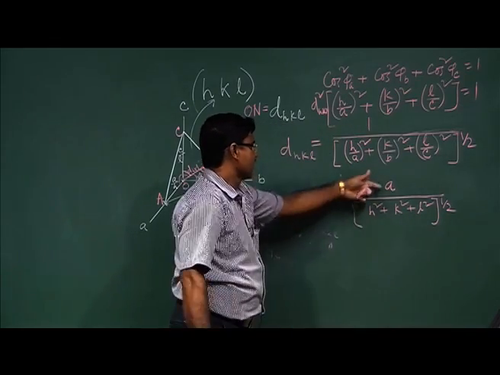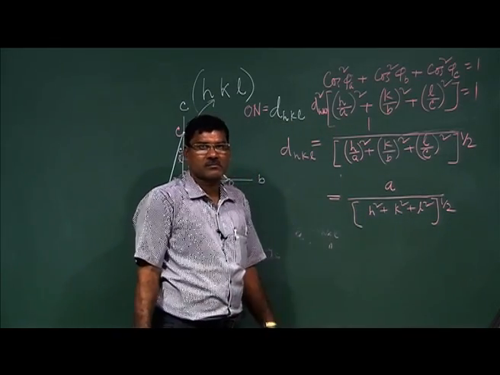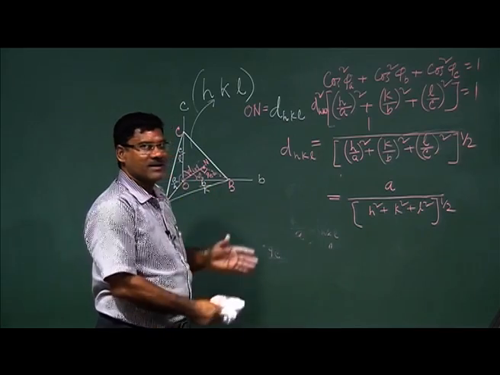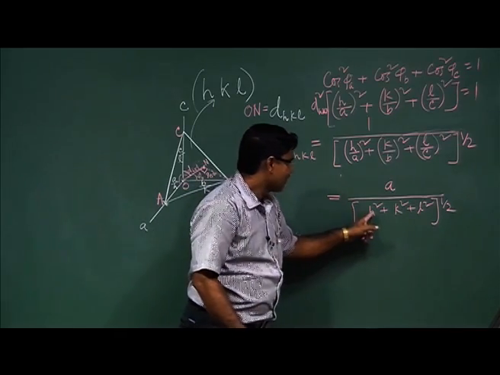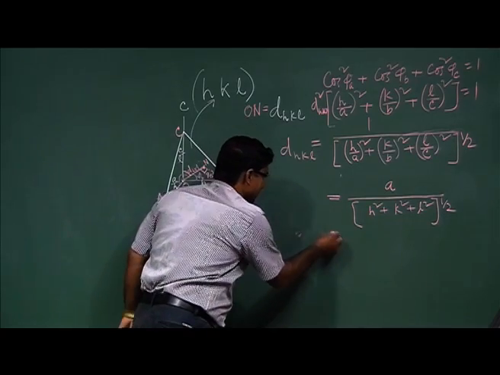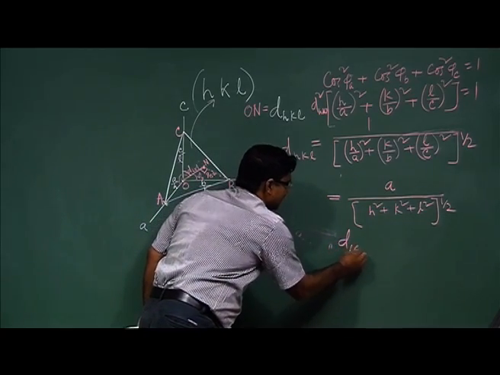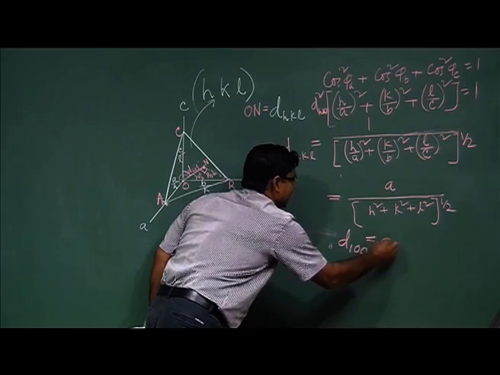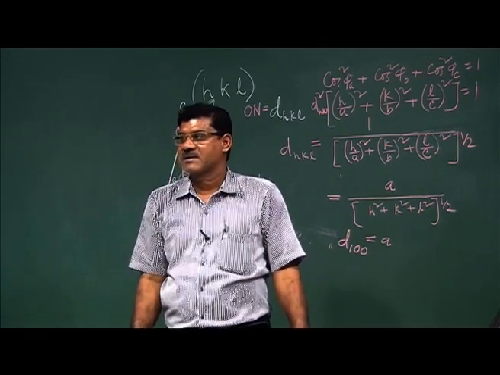Now for the 1 0 0 plane, this is 1, so the interplanar distance D 1 0 0 is a.